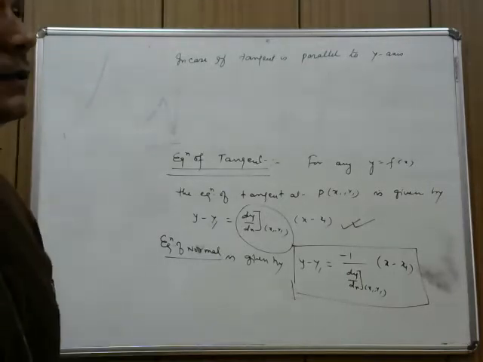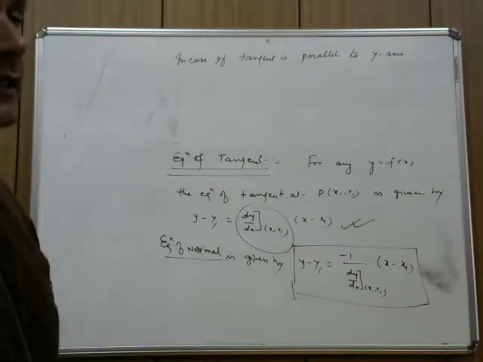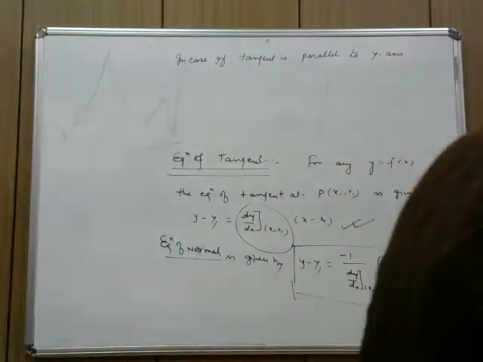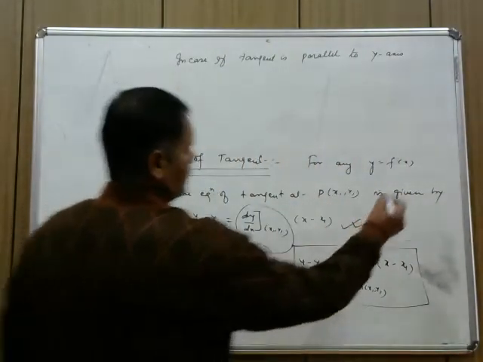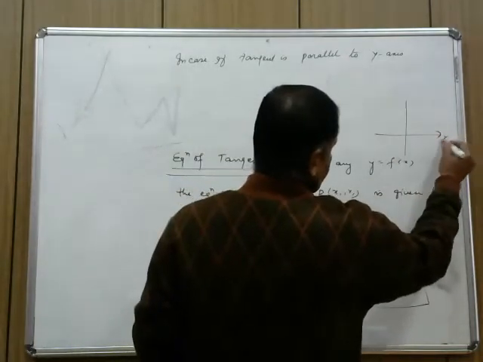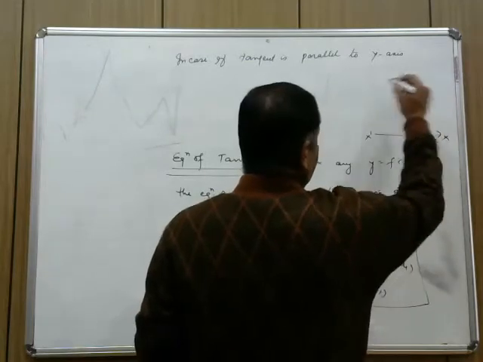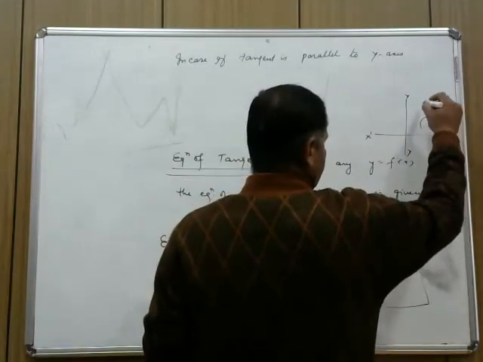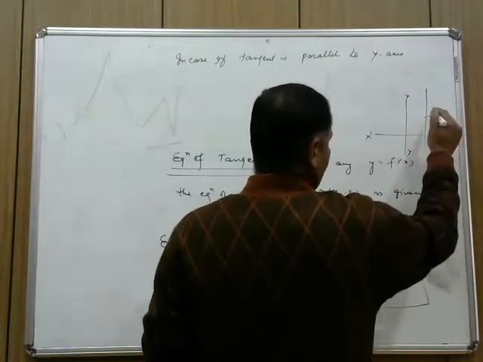Tangent is parallel to the y-axis, and when the tangent is parallel to the y-axis, then tan theta will be how much? Tan theta is the slope. Slope will be how much? Don't forget, this is the x-axis, y-axis. Now I say that the tangent is parallel to the y-axis.